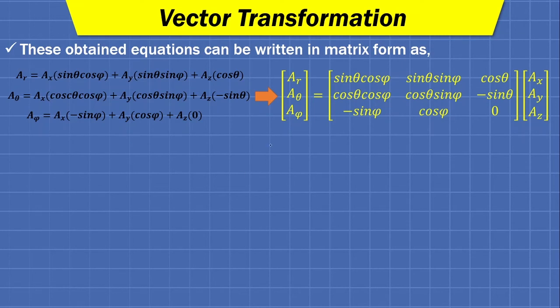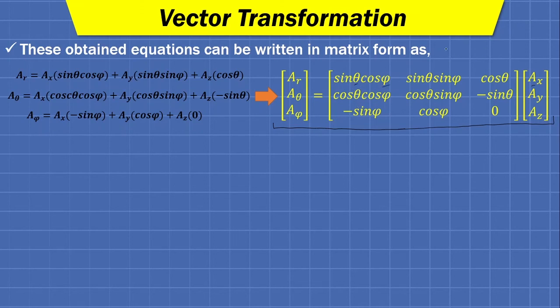So by directly using this relation you can transform any vector from the Cartesian coordinate system to the spherical coordinate system, because A_x, A_y and A_z will be known to you. You just need to calculate theta and phi. This is also very easy indeed.